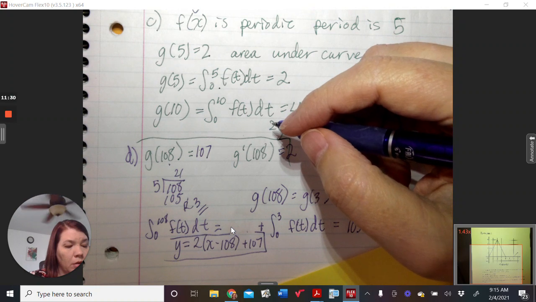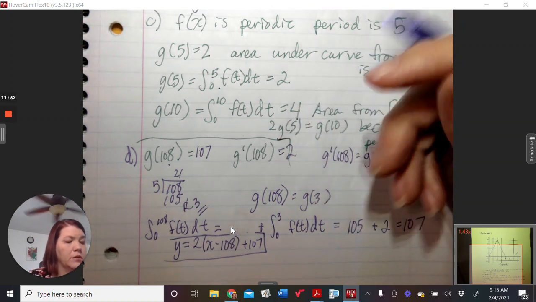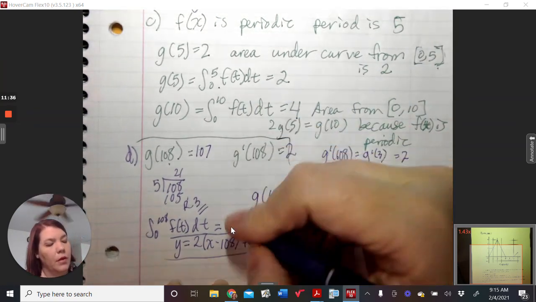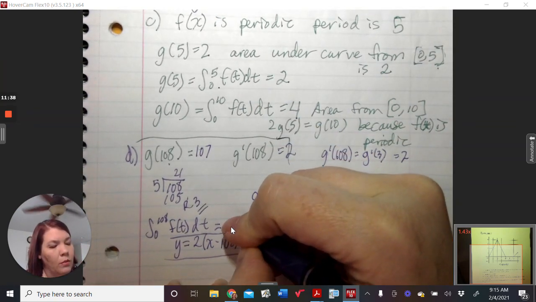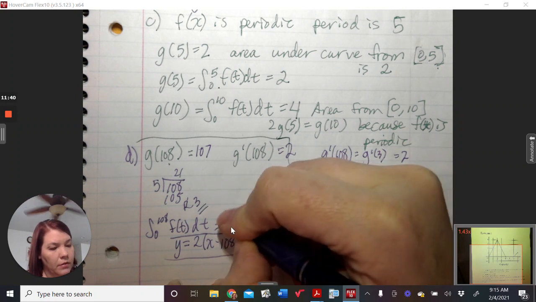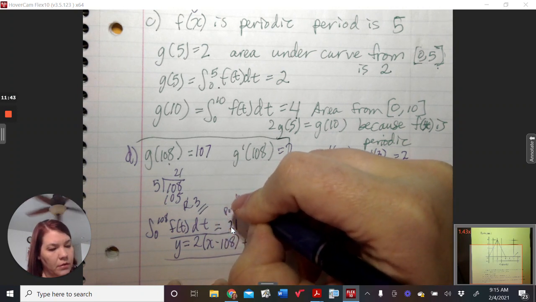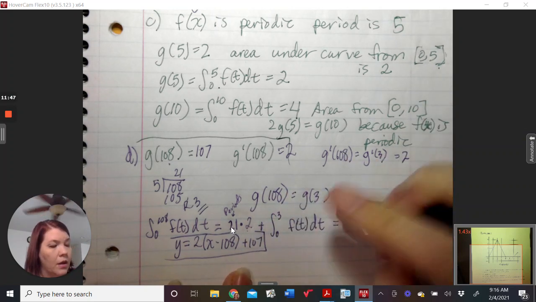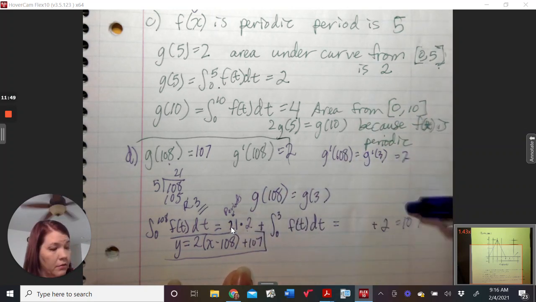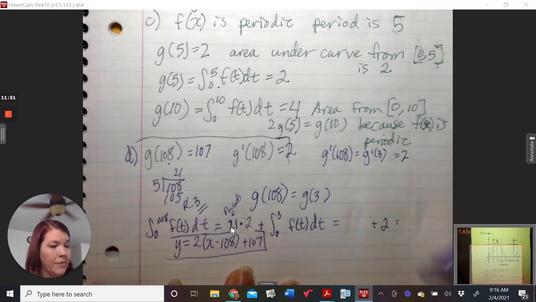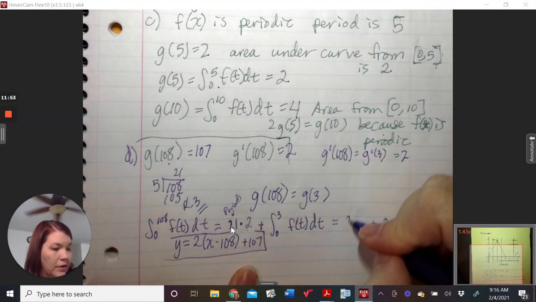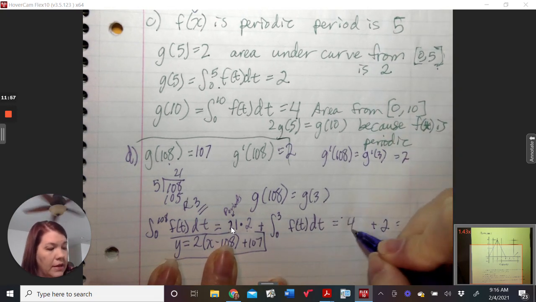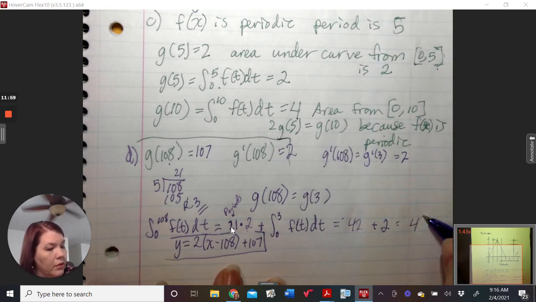Okay, that's good. So 21 periods times the area under each period, which is 2, is 42, plus the area there, which is 2, and so this is 44.